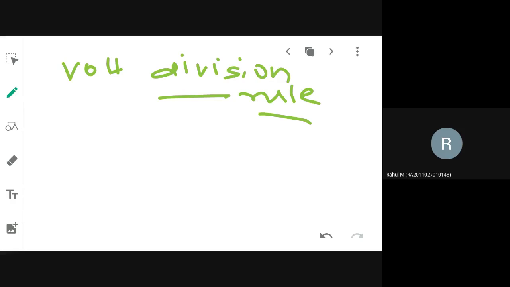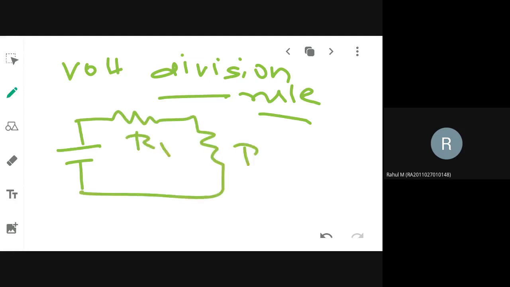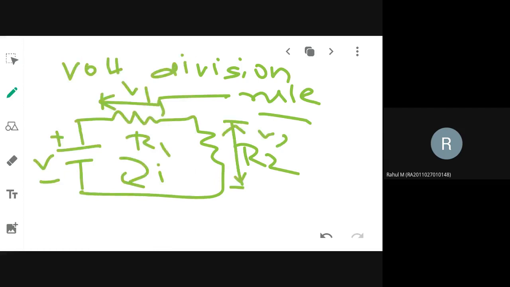So this will be applicable to series connected resistances. Let this be R1, let this be R2, again let this be V, let this be the current I. Now, what will be this V1, V2? How can you relate all these parameters?